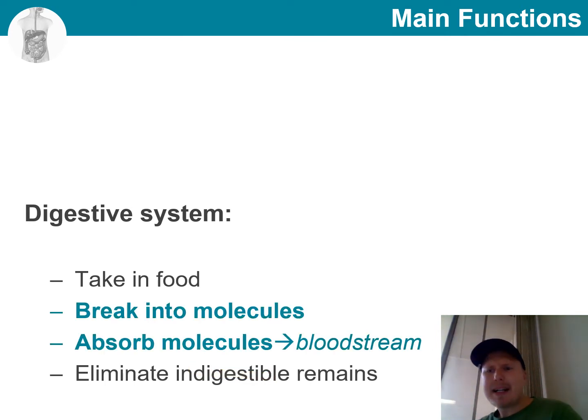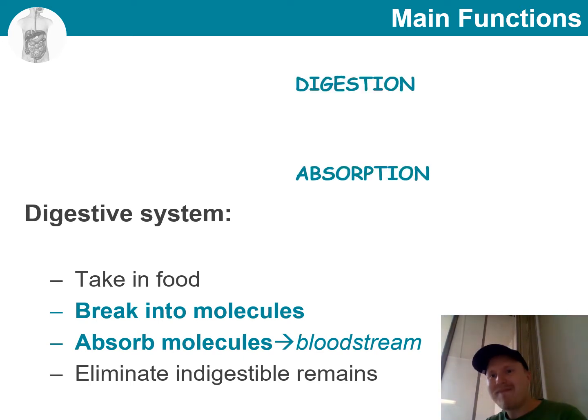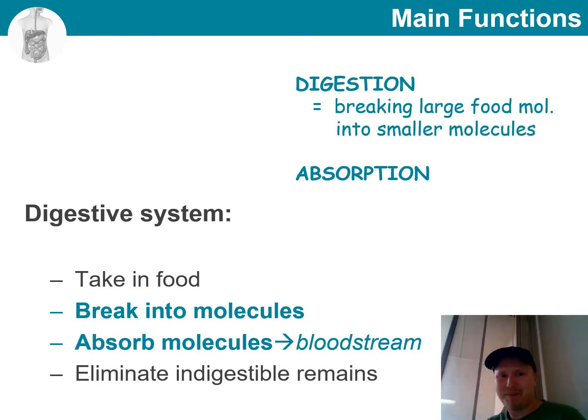And when we discuss this process, there are 2 terms that become especially important. The 2 terms that especially summarize the 2 key processes that happen are digestion and absorption. Digestion refers to the process where we break down the complex food molecules, which are too big for us to use as they are, into smaller molecules.